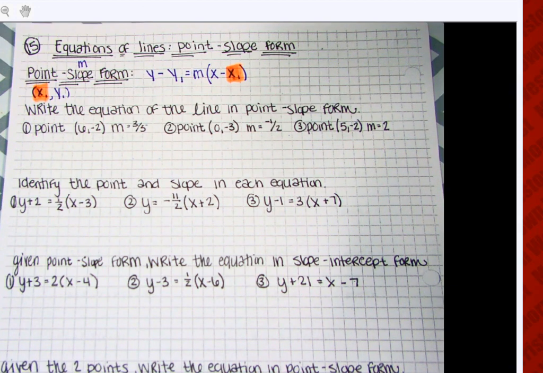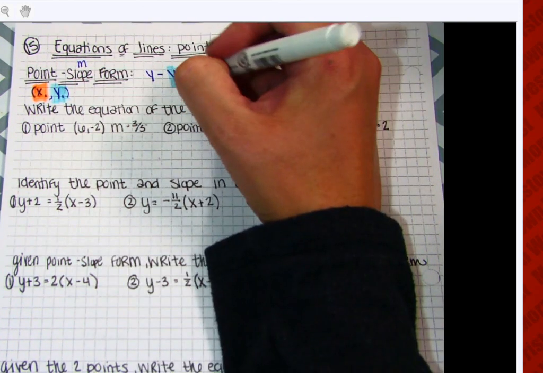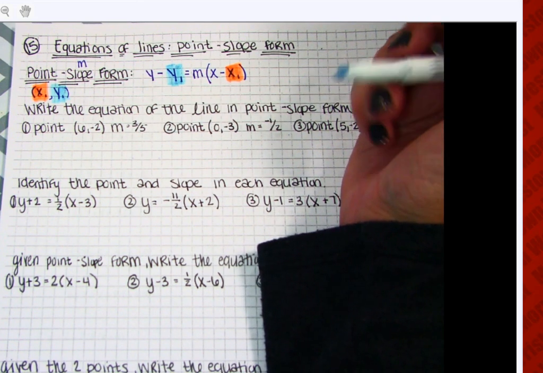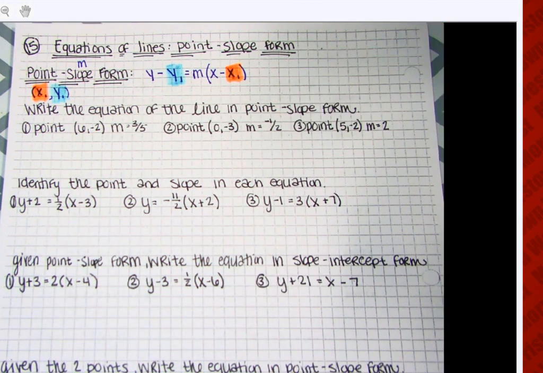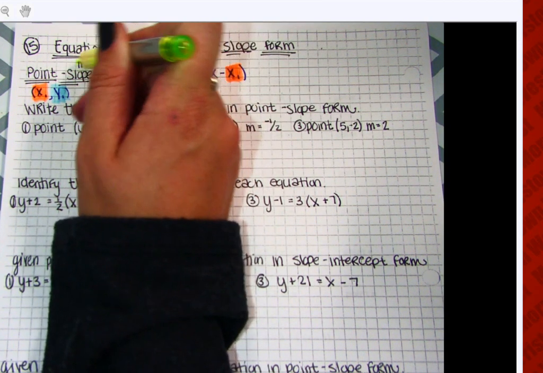Okay? So y1 is always here. It goes with y. Notice how we're not highlighting regular y and regular x. They stay there. Only the ones with ones. M is still slope, just like before.